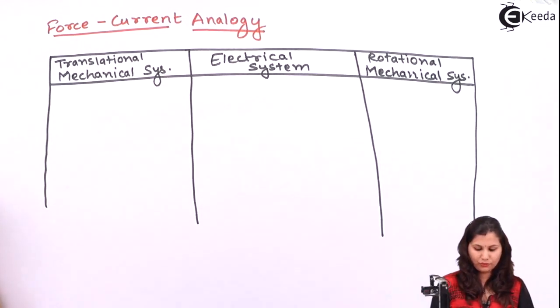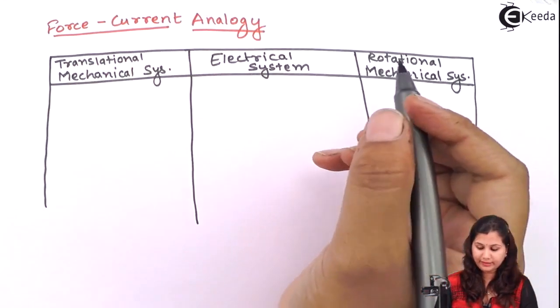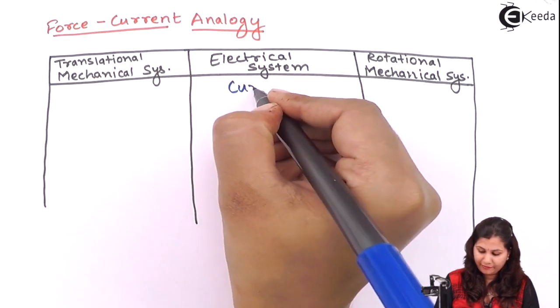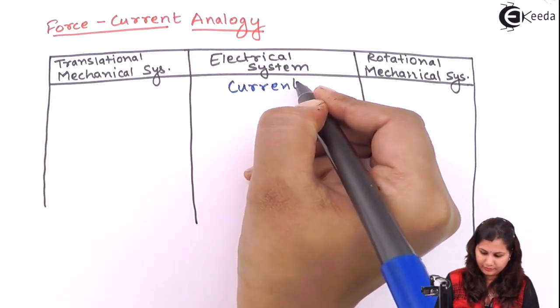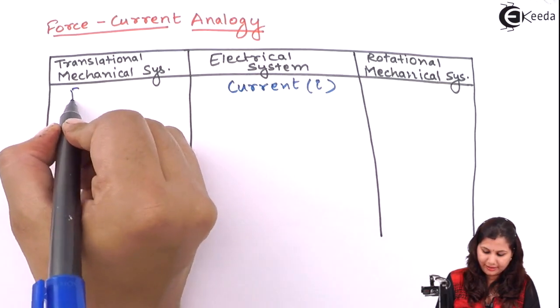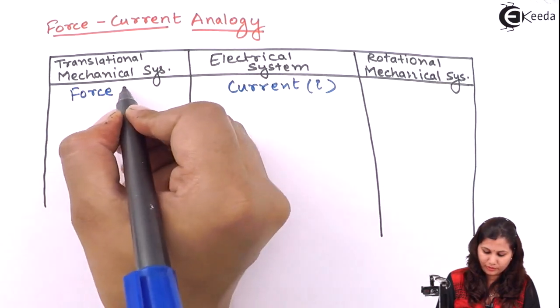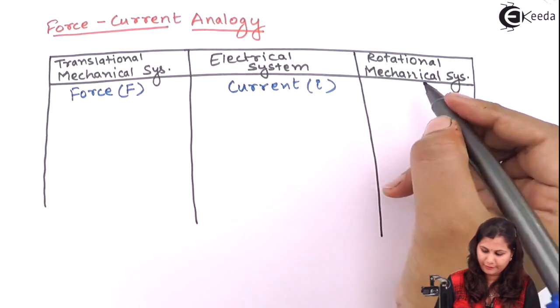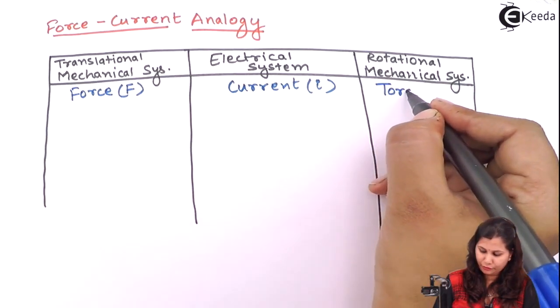So in this force current analogy, we will have current, that is I, and in the translational mechanical system we will have force, and for rotational we will have torque.